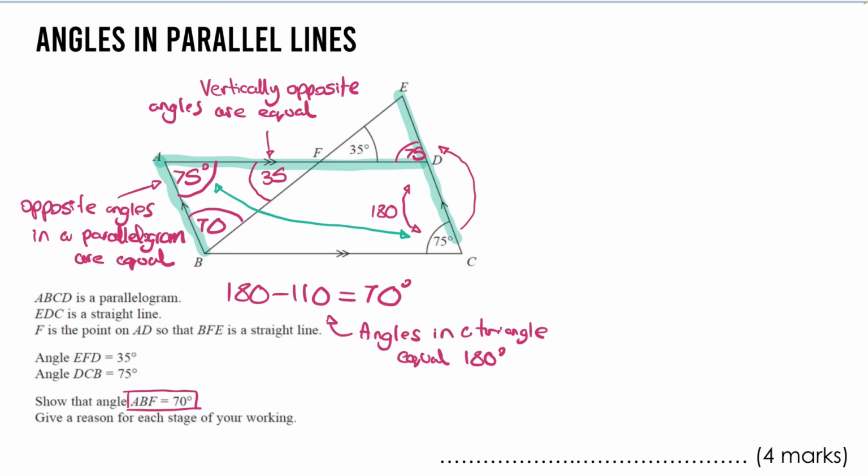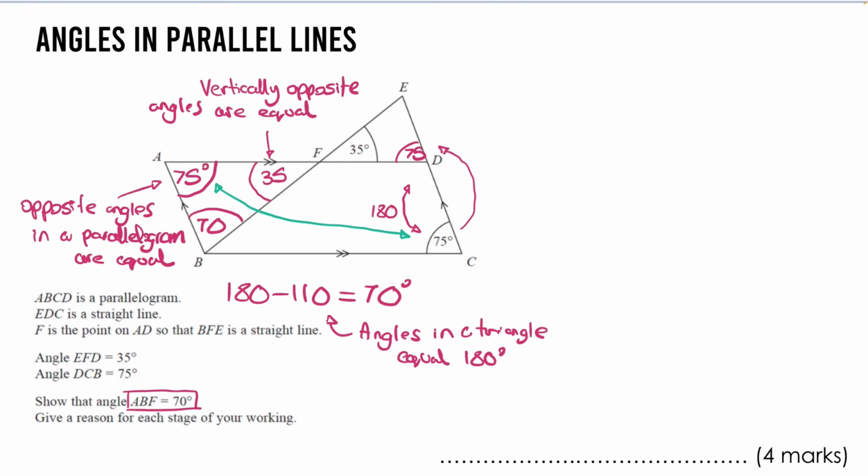So that 75 that we drew over by A is also an alternate angle with the one that we've just drawn. So I could have actually moved across the shape using parallel line rules, but as it turns out in this particular question, I could actually use no parallel line rules other than, I guess, the opposite angles in a parallelogram.